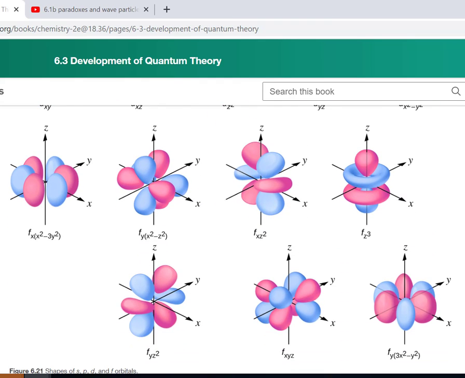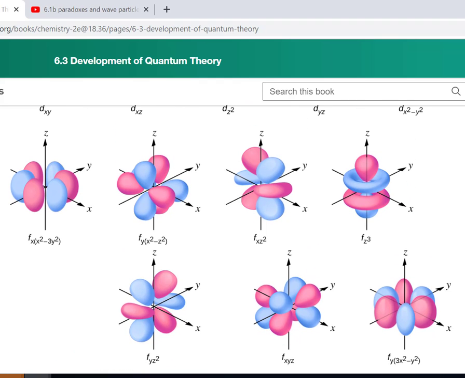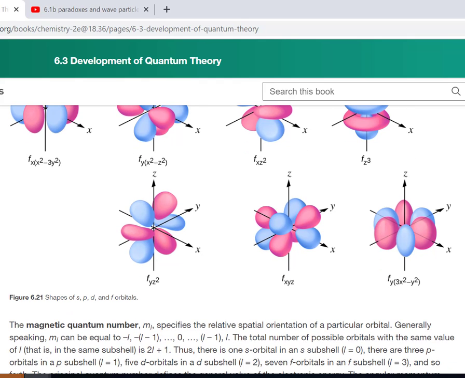Most textbooks do not. And don't even try to remember all of these. These are just even more complicated. So there are 7 f orbitals, even more complicated than the d orbitals. So just let that be your understanding of f orbitals. They turn out to not be all that important for most of what we will be discussing, even though there are many of them.